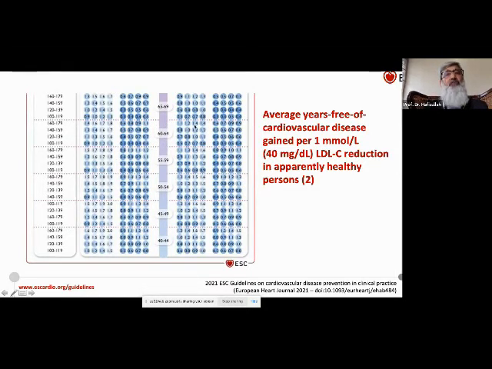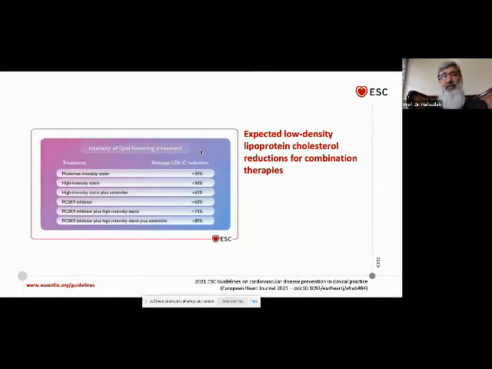So it seems we can prolong life theoretically by reducing cholesterol by 40 milligram, more in people who are non-smokers and those who are at higher risk. And this data is very interesting.